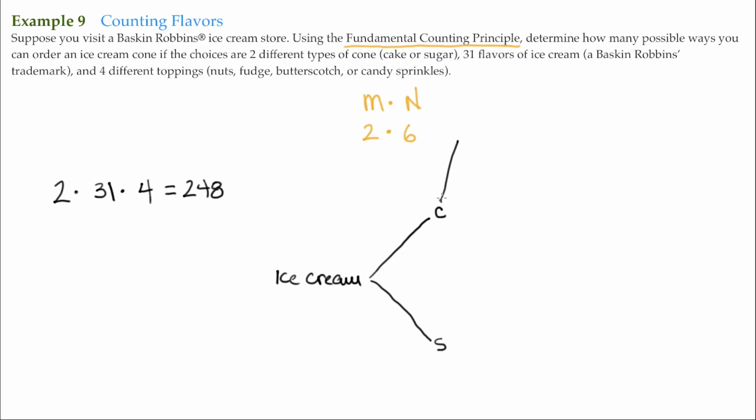I would have to have 31 branches here going to each one of the 31 different flavors, and I'd have to do the same for this one here. Not only that, but from each one of these individual branches, I would have to branch off 4 different times for the different toppings. Eventually, if we were able to do that, there would be 248 different listings here that would certainly reflect the number of possible ice cream cones.